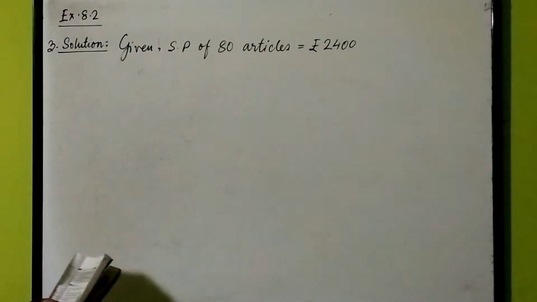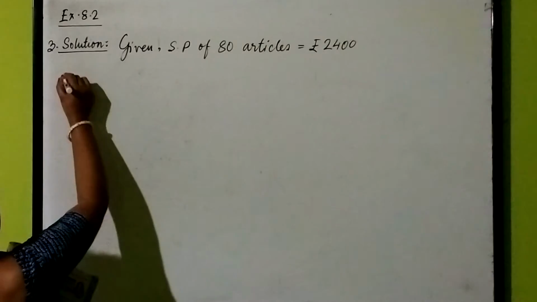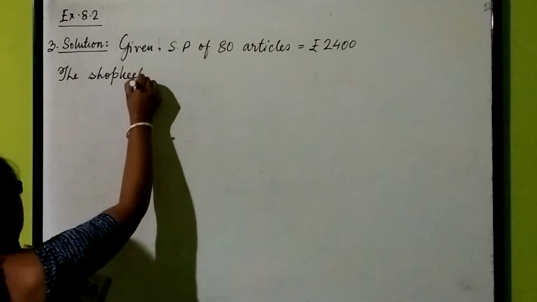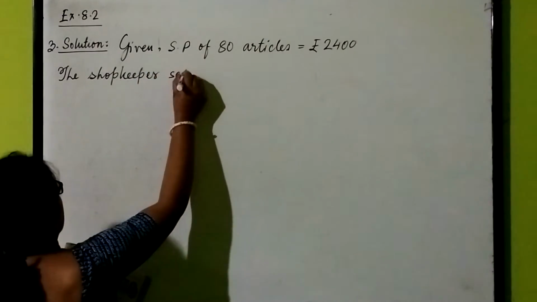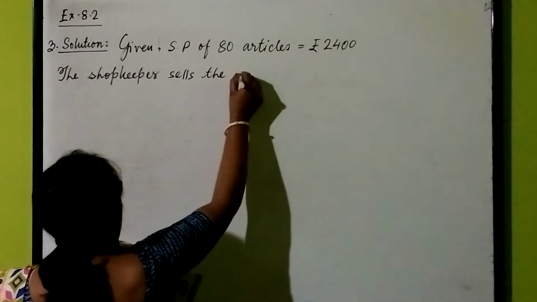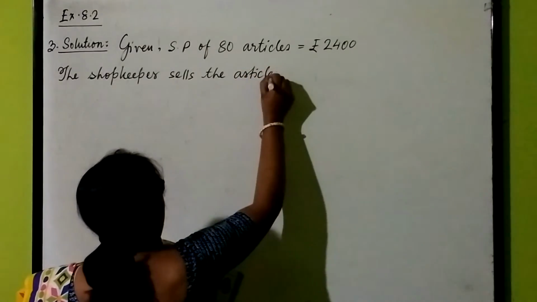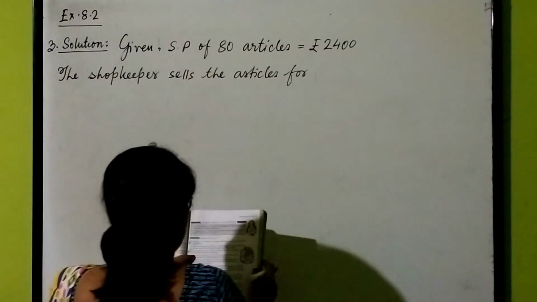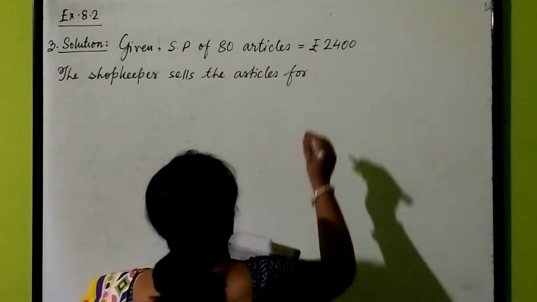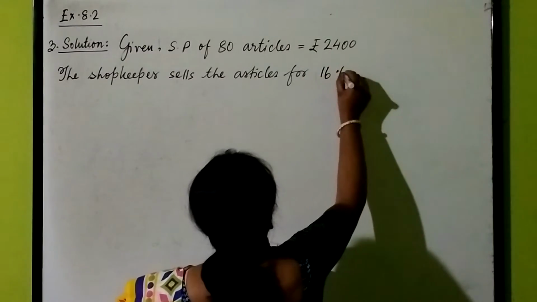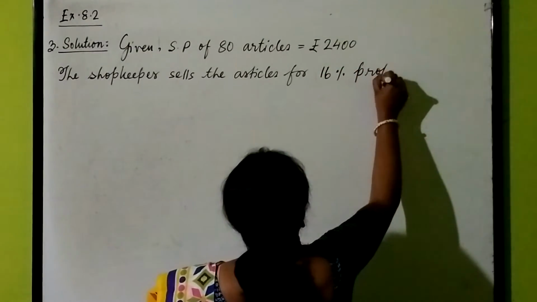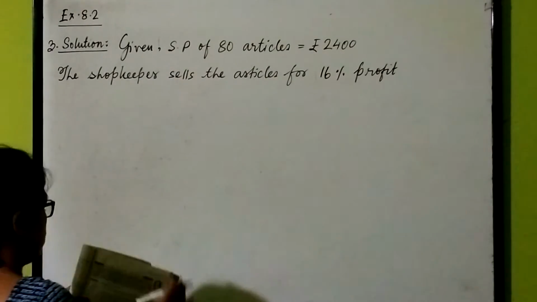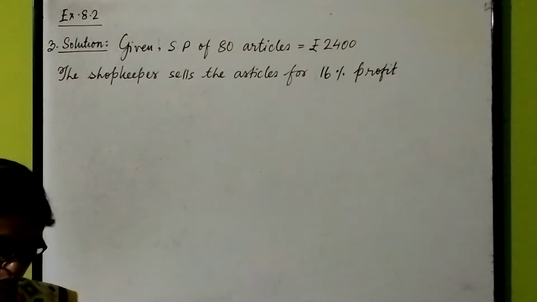The shopkeeper sells the articles for a 16% profit. Find the selling price of one article.